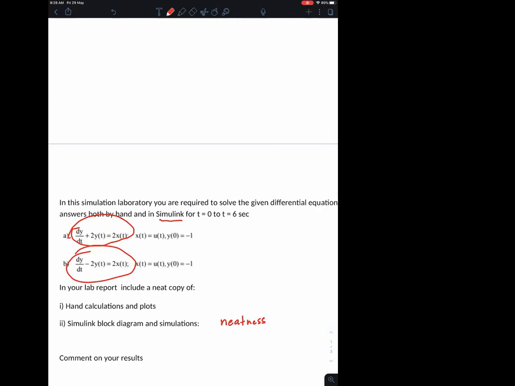Solve it by hand, and then you just plot. When you plot, you'll get something like this, or something like this. Any question?